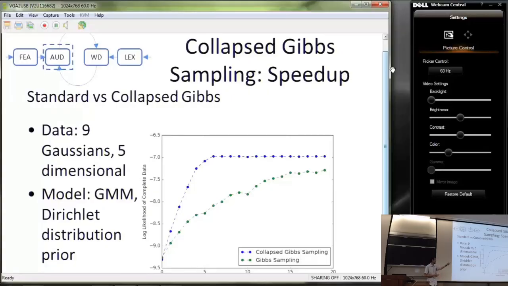As you can see from the plot, the log likelihood of the complete data for the collapsed Gibbs sampling has pretty much converged after maybe 7 or 8 iterations, whereas the typical Gibbs sampling, after maybe 20 iterations, is still trying to stochastically catch up to the optimal log likelihood the collapsed sampler has found.